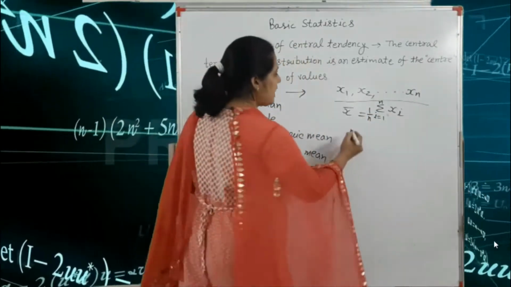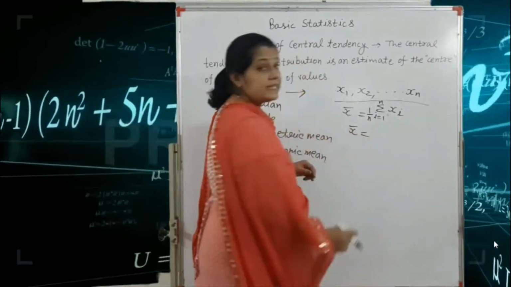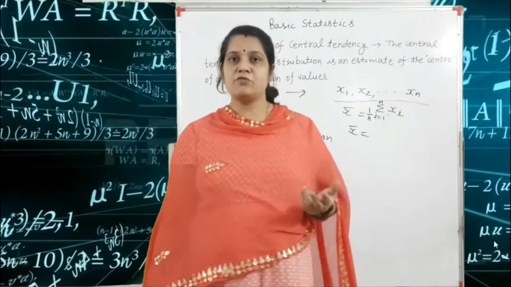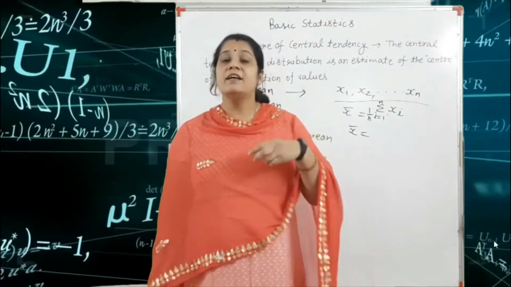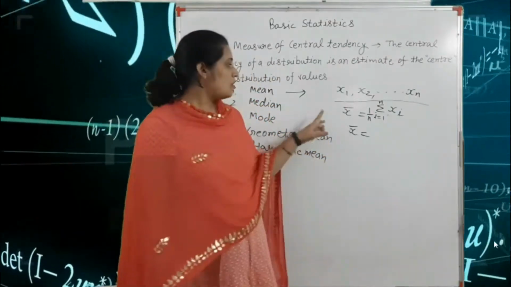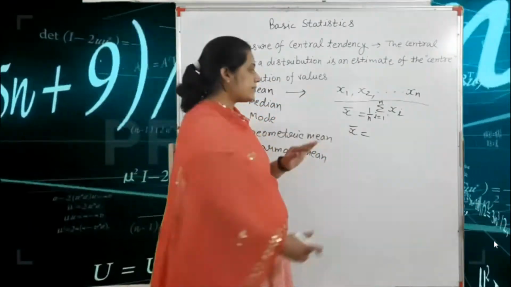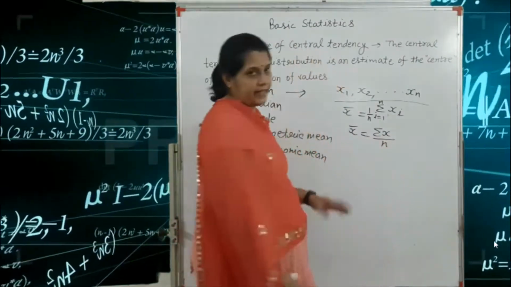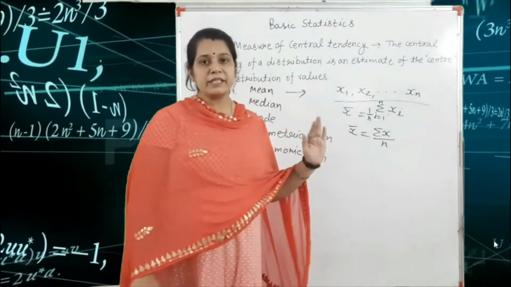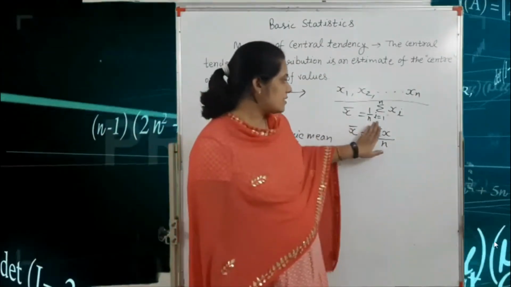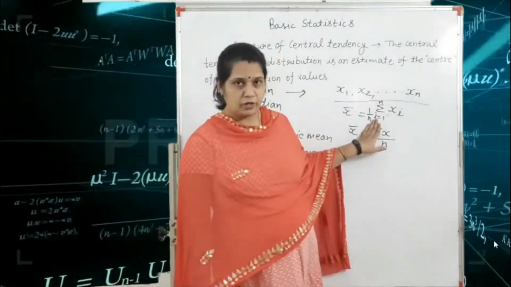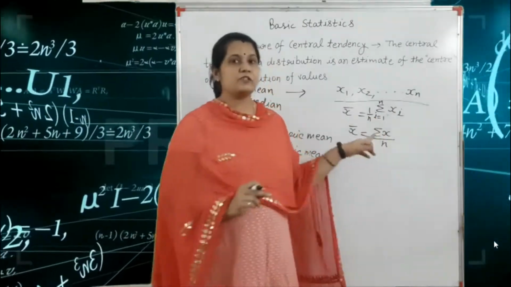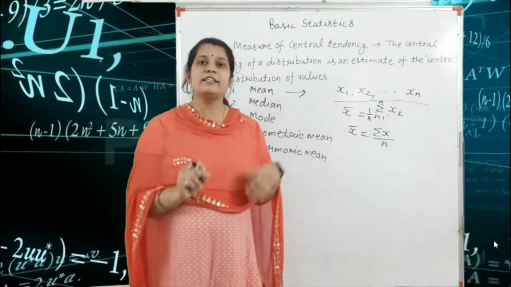In the simple form, this x bar is included in your correlation coefficient, regression coefficient, and line of regression. So always write x bar is equal to summation x upon n. Don't be confused here. First hide the summation, after that you see only the x.